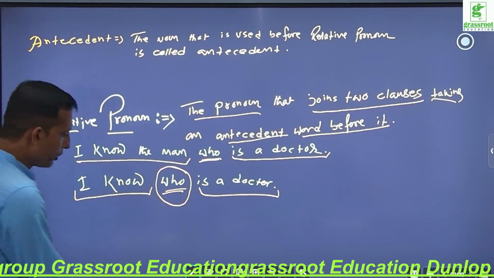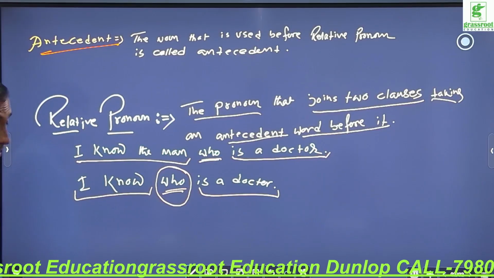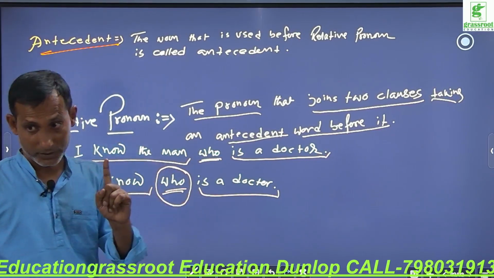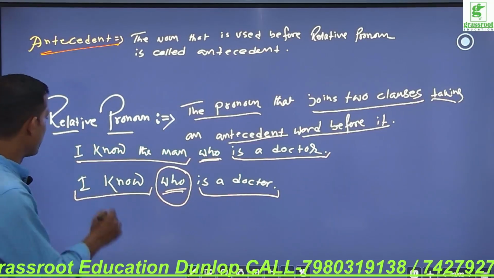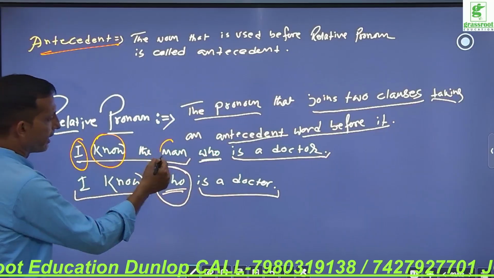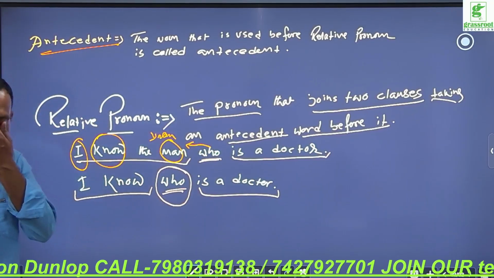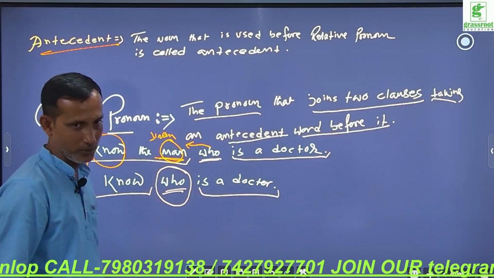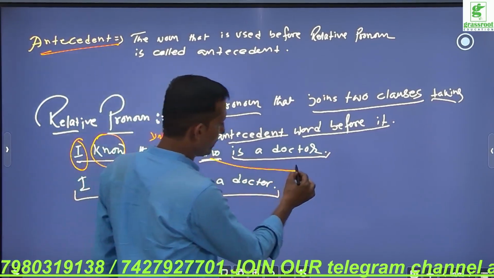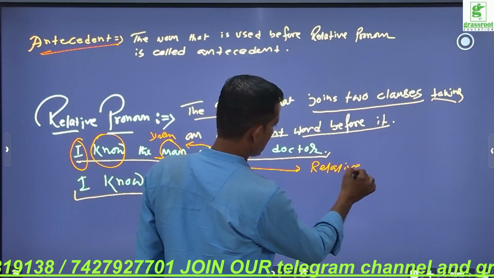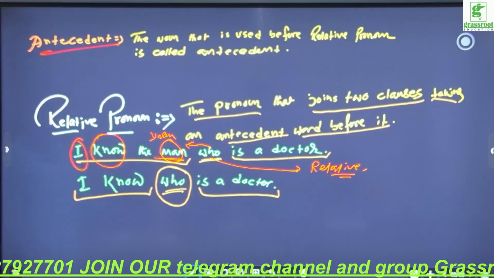So now you have to look where the antecedent is, because we have to watch the particular noun before the relative pronoun. Here, I know: I is a pronoun, know is a verb, man is a noun, and it sits before the relative pronoun. So the man is called the antecedent word. As here who takes an antecedent word, that's why here who is called a relative pronoun. Have you got this or not? Those who are online, have you got this or not?